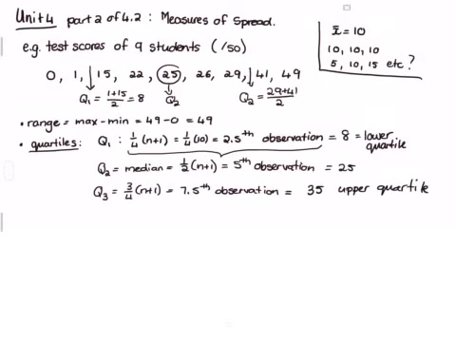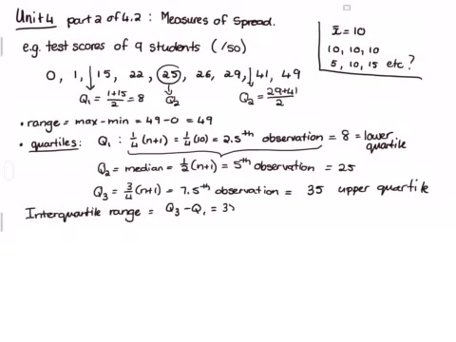Now this tells us such a lot. We've now broken it up into quarters. So let's first do the interquartile range. Interquartile range is your upper quartile minus your lower quartile, the actual values.